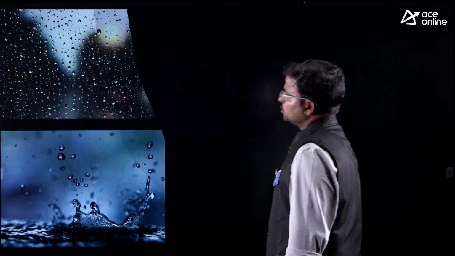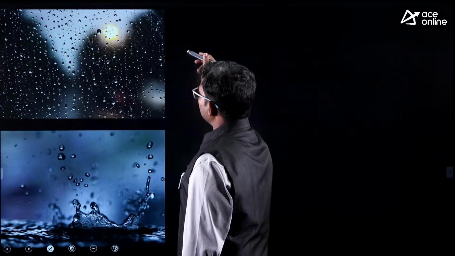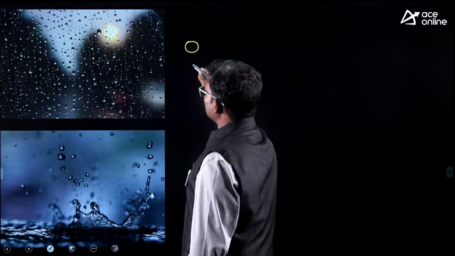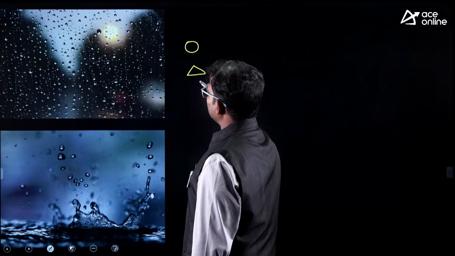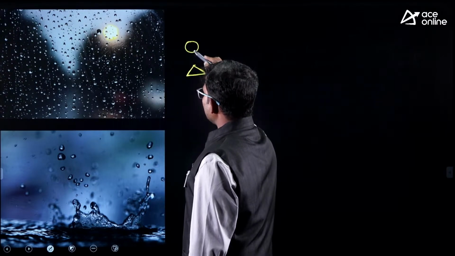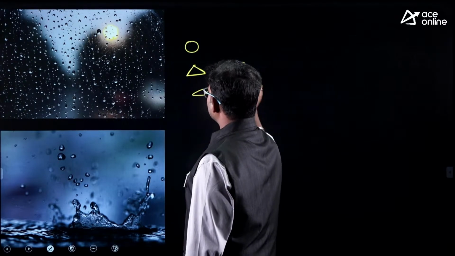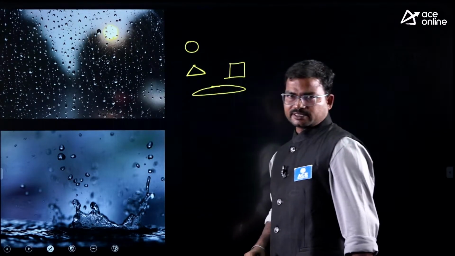If you observe a raindrop, it mostly exhibits a spherical shape only. It does not exhibit a triangle, elliptical, or square shape. So what is the reason behind that?